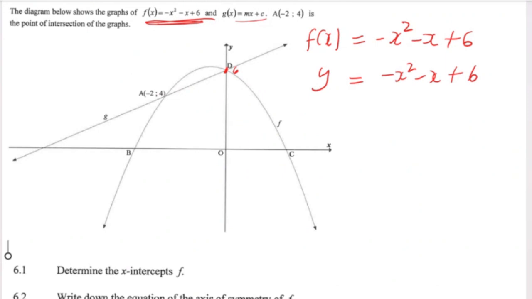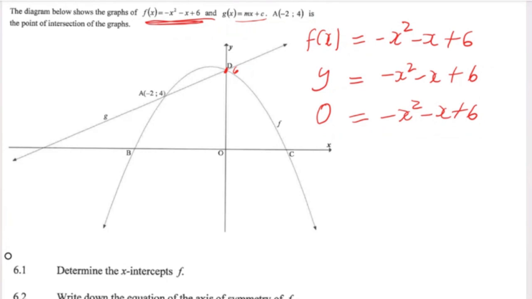Remember, to get your x-intercept, you let your y be equal to 0. So 0 is equal to negative x squared minus x plus 6. If you don't know how to factorize, use your formula: x is equal to minus b plus or minus the square root of b squared minus 4ac.